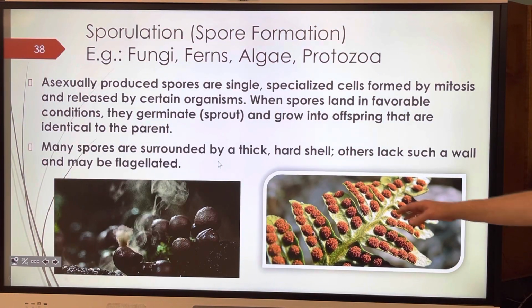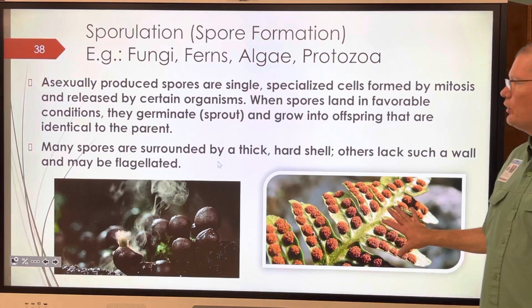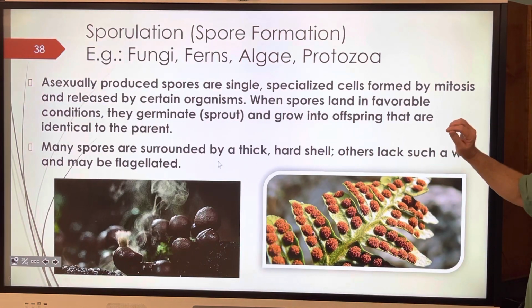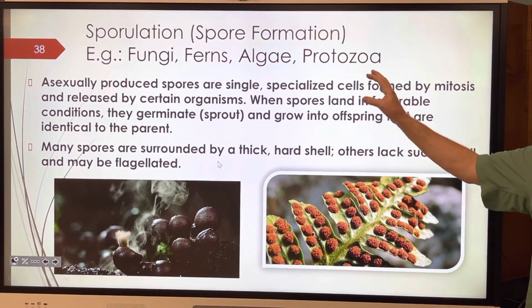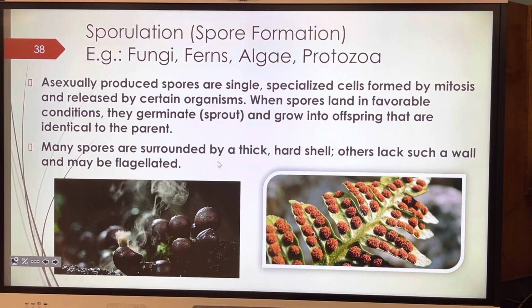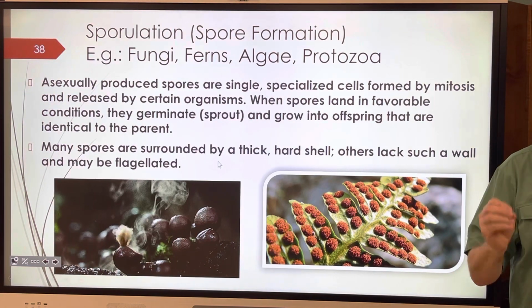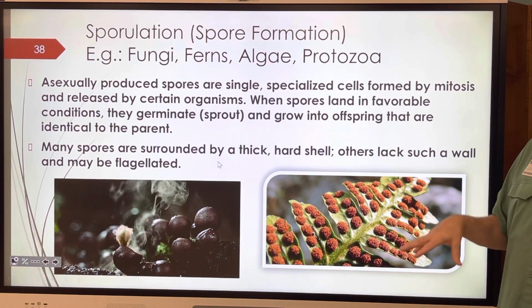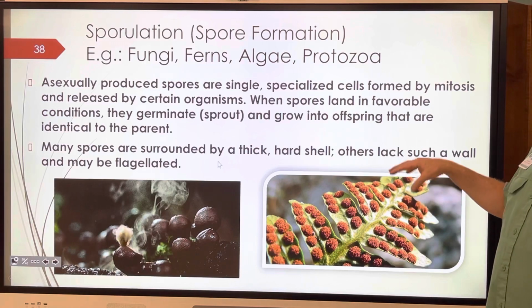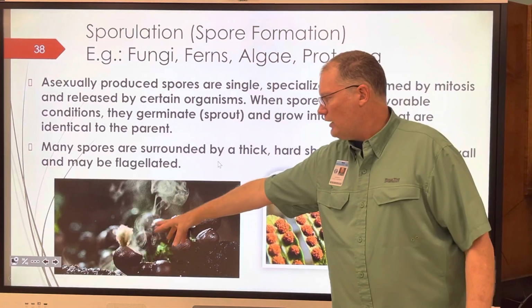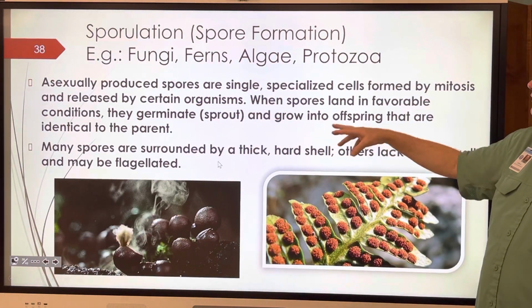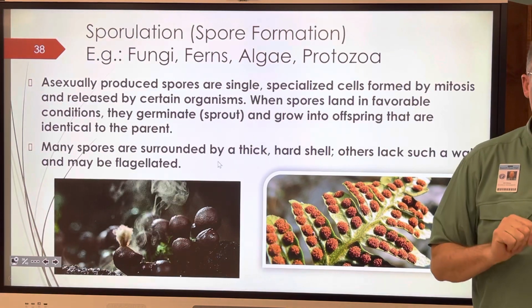Sporulation, these are spores from a fungus, these are spores from a fern, and they are special single cells that are asexually produced. It's a type of asexual reproduction. And so when the spores enter the air, they land someplace else and just sprout and grow into an identical parent.